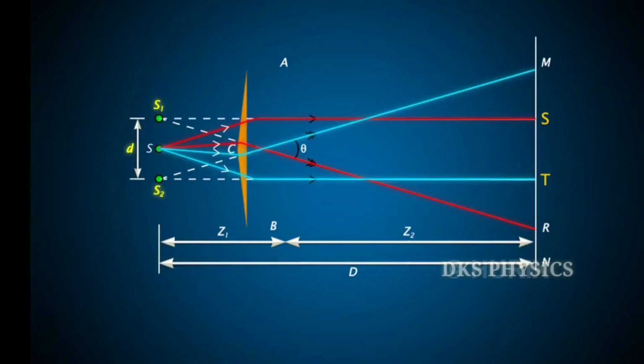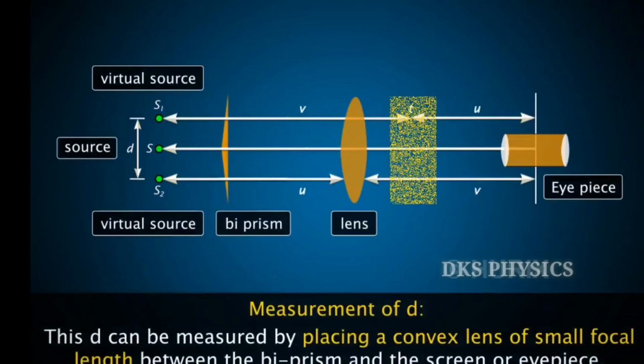Let's see how we measure that. This d can be measured by placing a convex lens of small focal length between the biprism and the screen or eyepiece, keeping the distance between the slit and eyepiece to be more than 4 times the focal length of the lens.